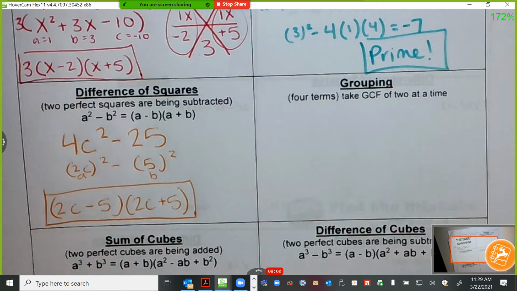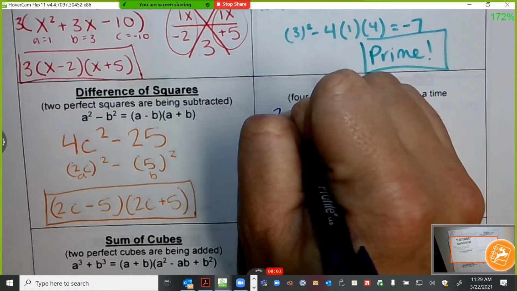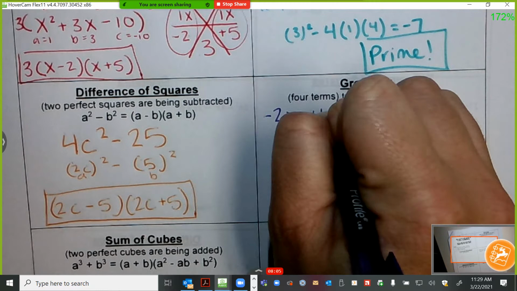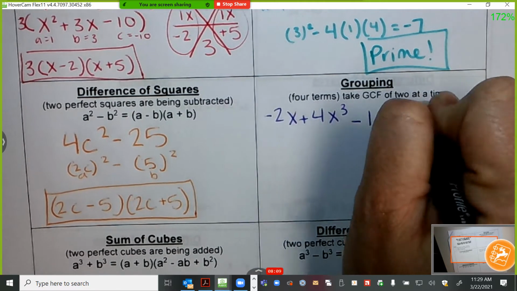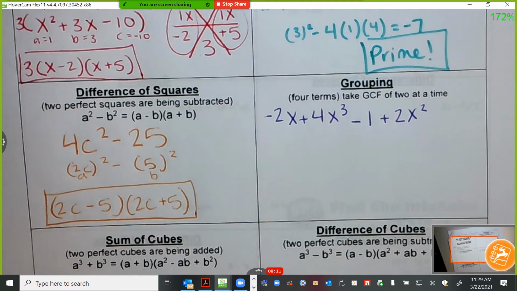So grouping. Grouping is when you have 4 terms, but what's wrong with these 4 terms right away? They're out of order. Okay, so we need to put them in order.